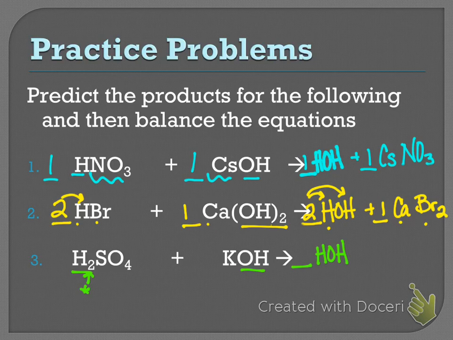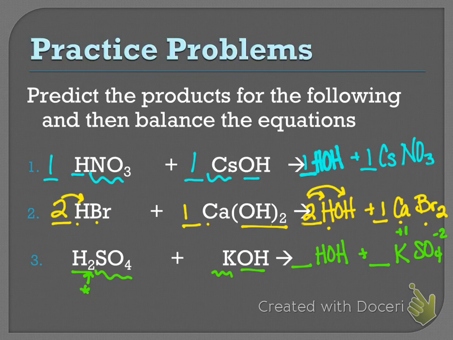Now, we have sulfate and potassium ions. They are going to make a new compound. The cation, the positive one, is always written first. So you look at your periodic table, you're like, oh, right, potassium, alkali metal, +1. And sulfate is a polyatomic ion that you've memorized is -2, or you have your sheet out in front of you.